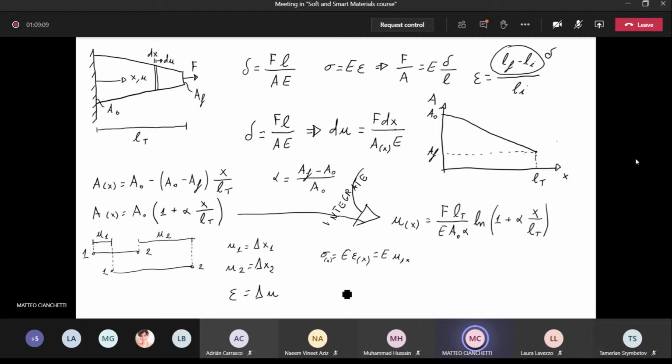So maybe I can write it here. U, comma, x actually means du on dx. It's a notation that is used to make a contracted version of the notation. Okay? But we know how u is defined, right? We just computed it.